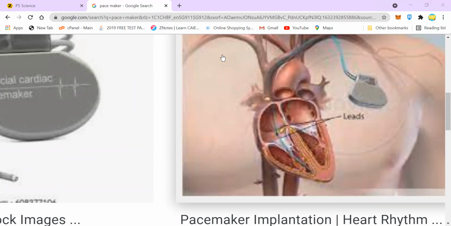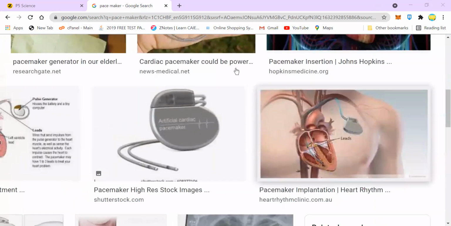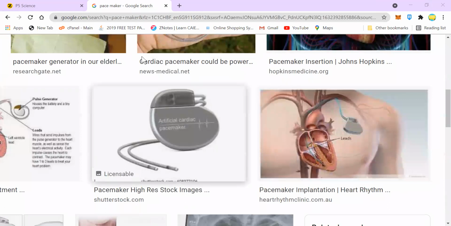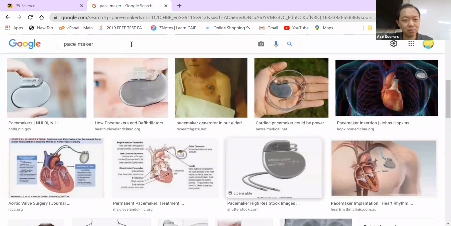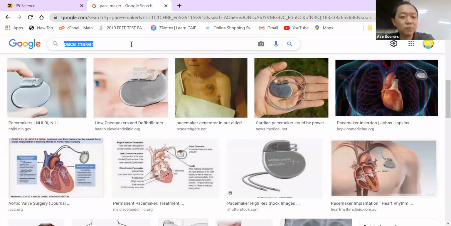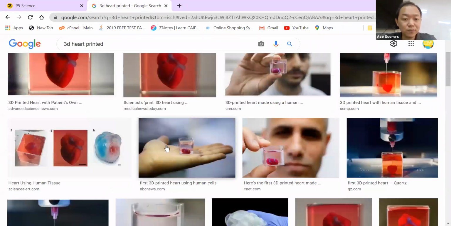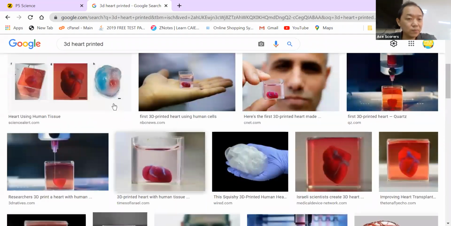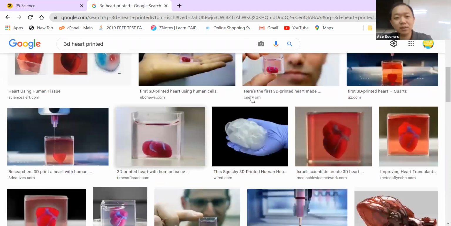Wait, isn't there something with a 3D printer? And you could print the heart? Yeah, you're right. The first 3D heart was printed. That's a heart.